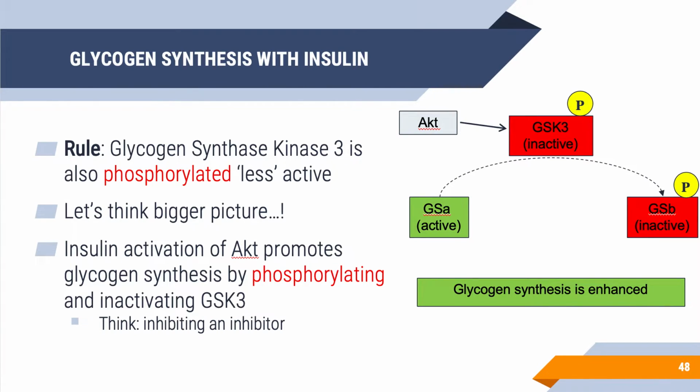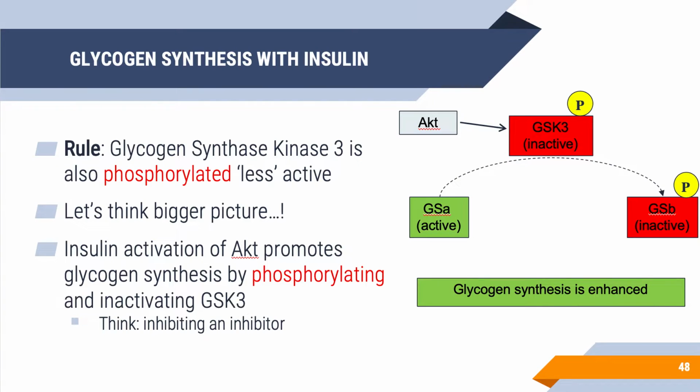So we take this bigger picture, we think about insulin being this anabolic hormone. So insulin wants to promote glycogen synthesis. We go through that insulin signaling cascade. Eventually we produce AKT, or protein kinase B, whatever you want to call it. AKT is then able to phosphorylate, or promote the phosphorylation of, GSK3, making it inactive.